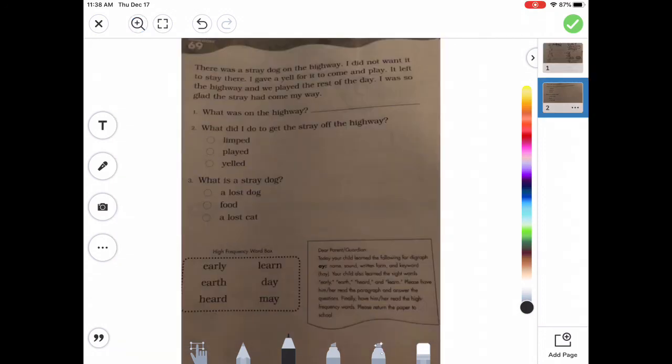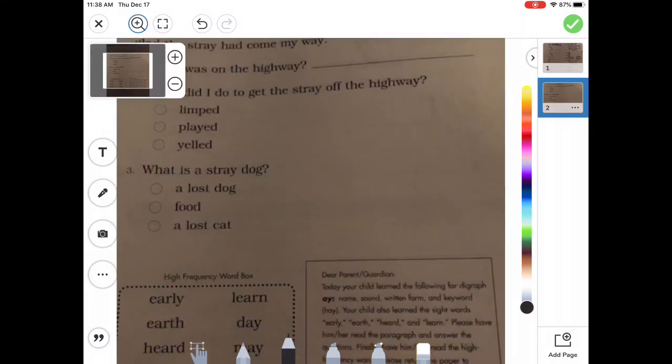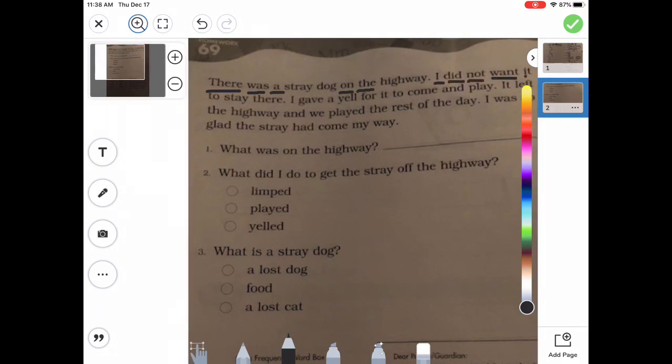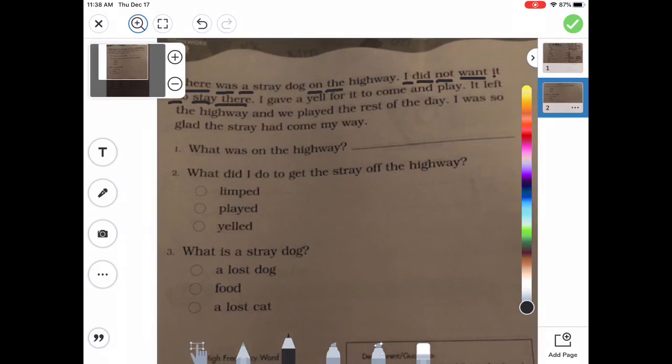All right, so you're going to listen to our paragraph and help follow along. The words you know, you can read with me, and then we're going to answer some questions. Are you ready? So it says, there was a stray dog on the highway. I did not want it to stay there.